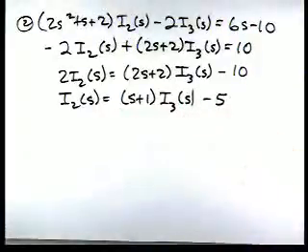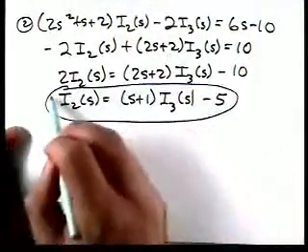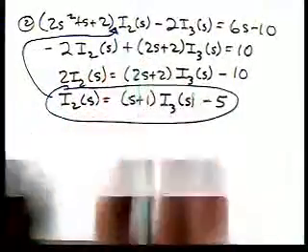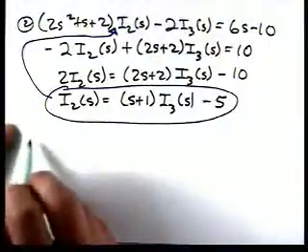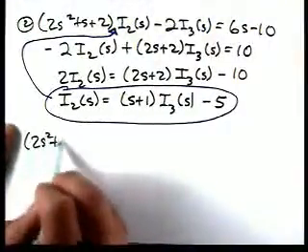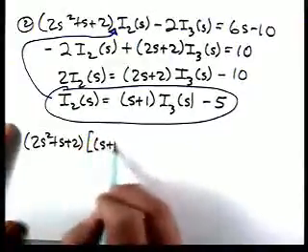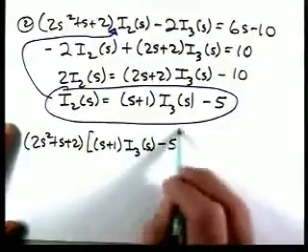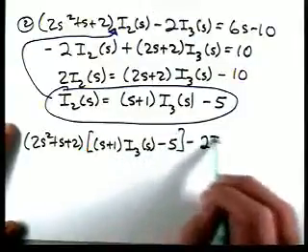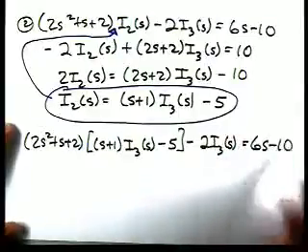Now let's substitute that in here. Again, we're eliminating everything but I3, so when we do that, we'll have (2s squared plus s plus 2) times ((s plus 1) I3 minus 5) minus 2 I3(s) is equal to 6s minus 10.